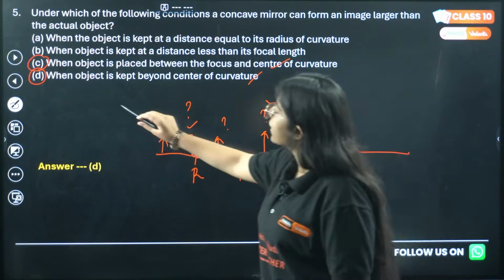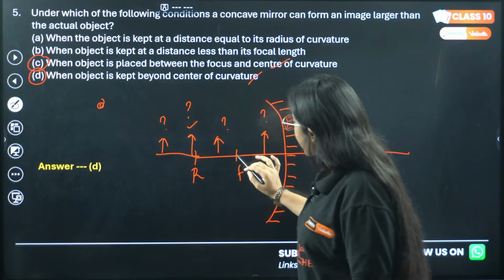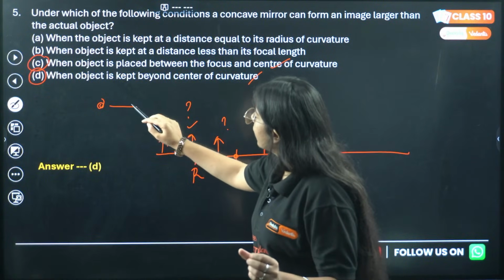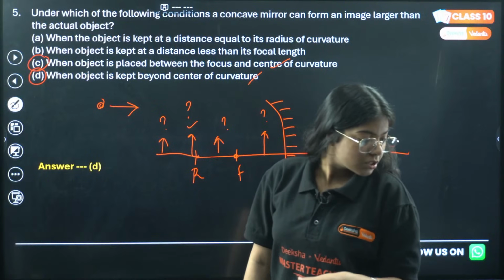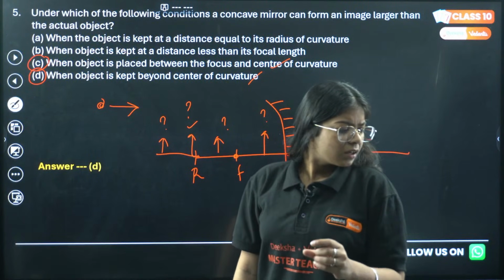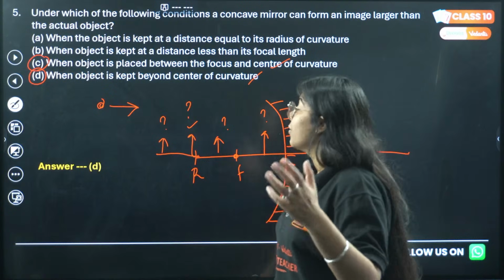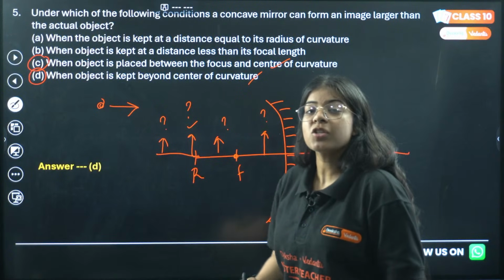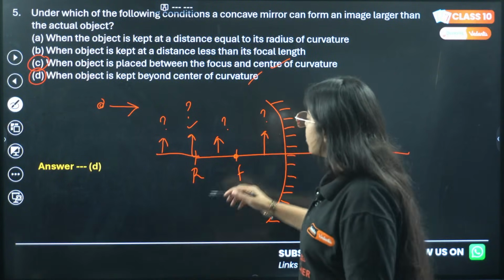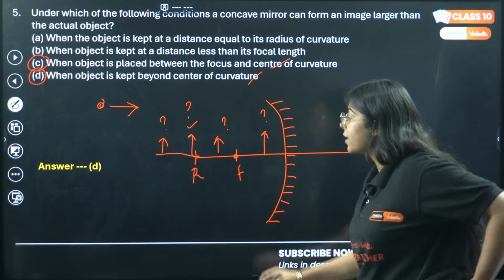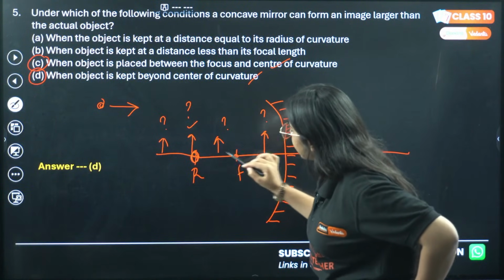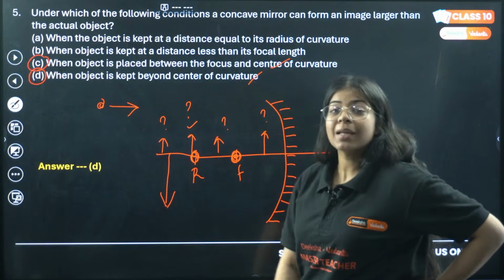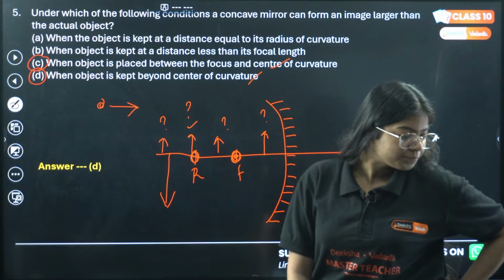See, when my object is at infinity, the image will be at the focus, but it will be point size. Correct? When I bring my object towards the mirror, the size of the image starts increasing, right? So while the object is between center of curvature and focus, the image will be formed beyond and it will be larger in size, correct?